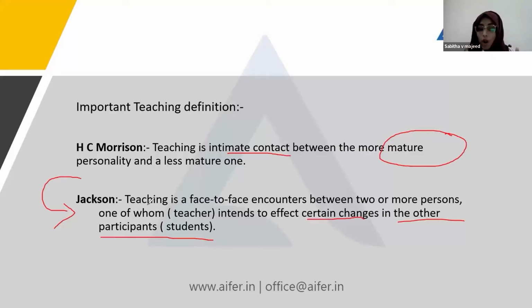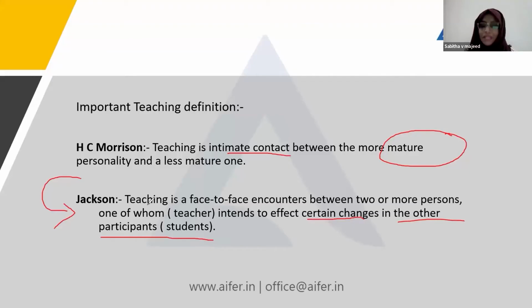Teaching is a face-to-face contact between two or more persons or two or more groups, one of whom is a teacher who intends to make certain modifications in behavior in other participants or groups who are students. This is the definition given by Jackson.